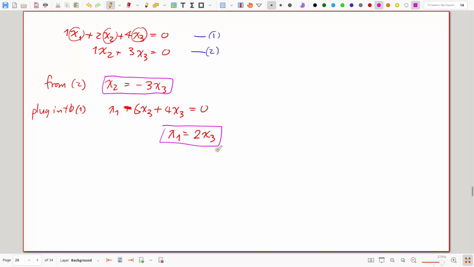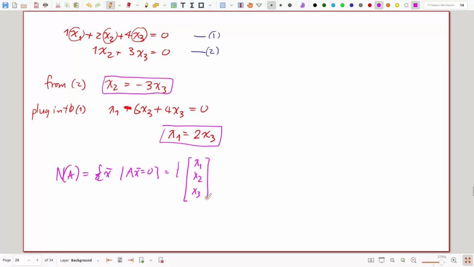Okay, so when we want to say the null space of A, this is a set of all vectors x such that Ax equals 0, right? But what does it look like? It looks like this. So it's going to be x1, x2, x3, right?